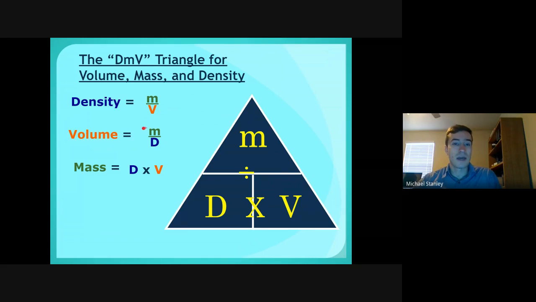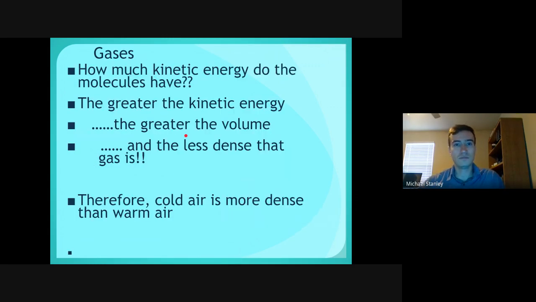Volume, mass divided by density. Mass, density times volume. A couple other things I wanted to go over with you about density. That's the most important thing, that density equation, but a couple other things I wanted to mention.